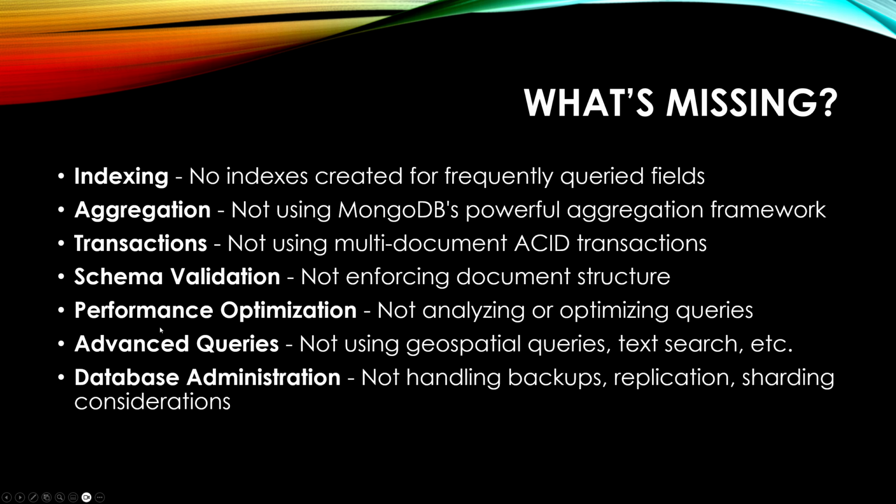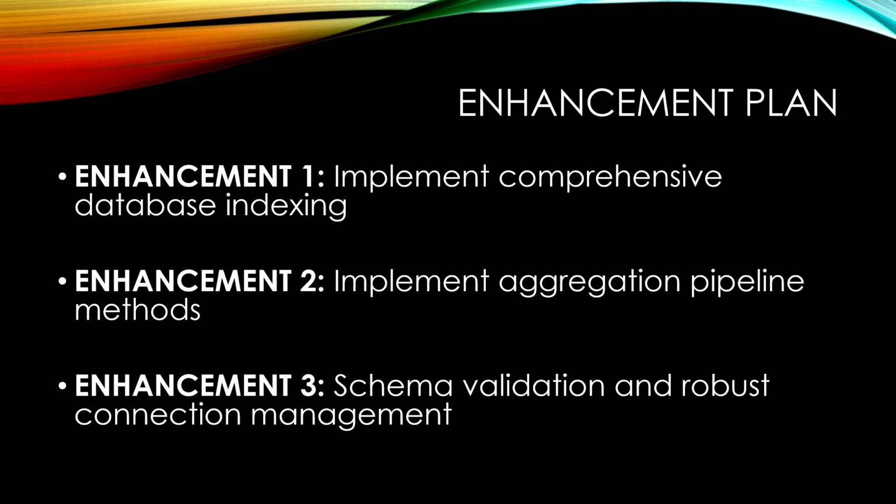Schema validation: not enforcing document structure. Performance optimization: not analyzing or optimizing queries. Advanced queries: not using geospatial queries, text search, etc. Database administration: not handling backups, replication, sharding considerations.